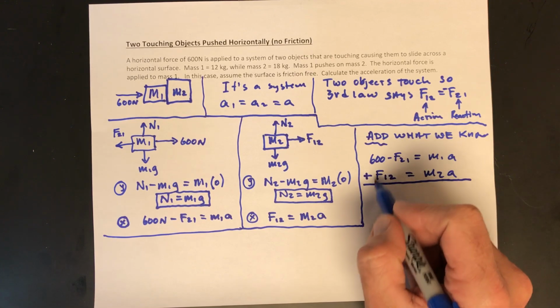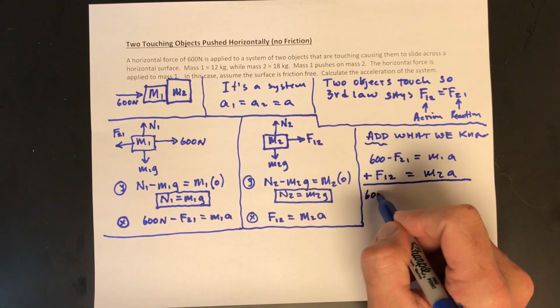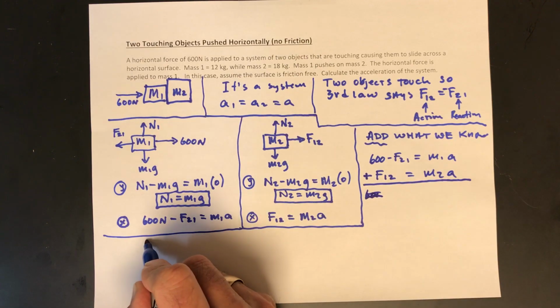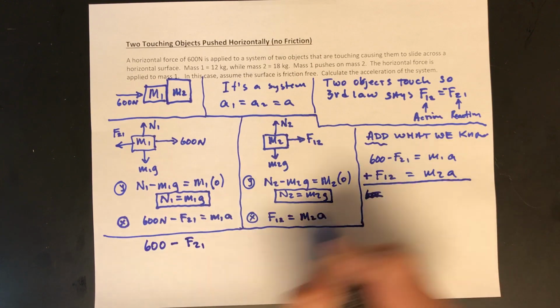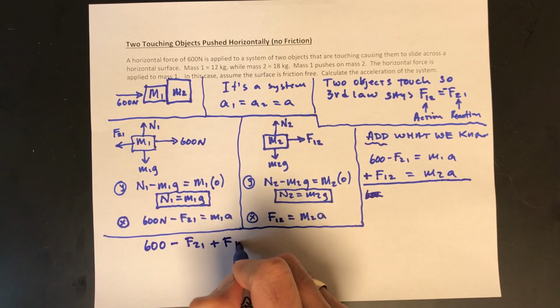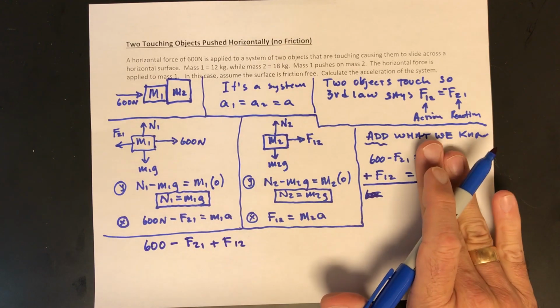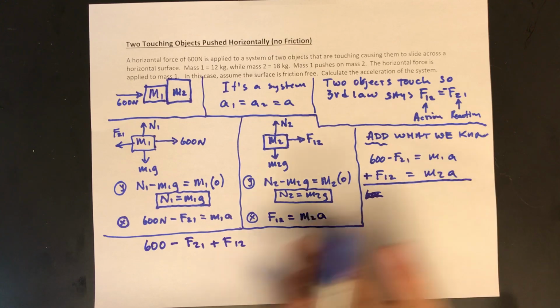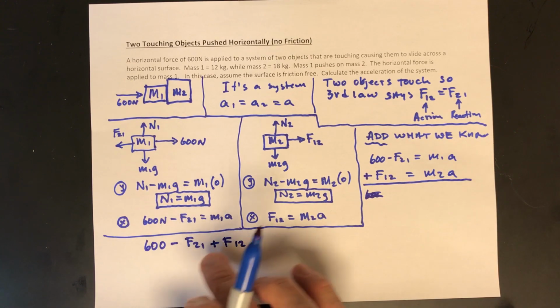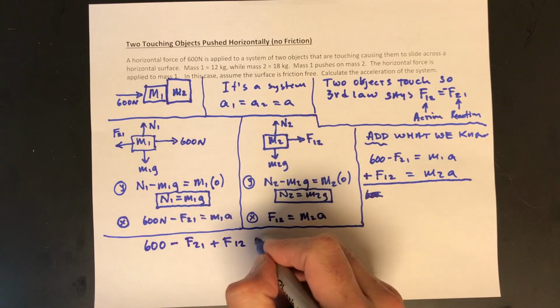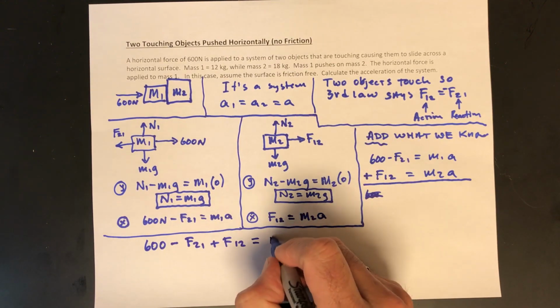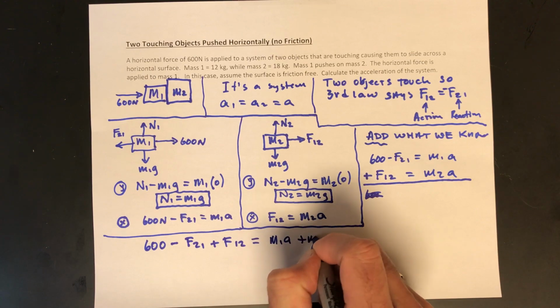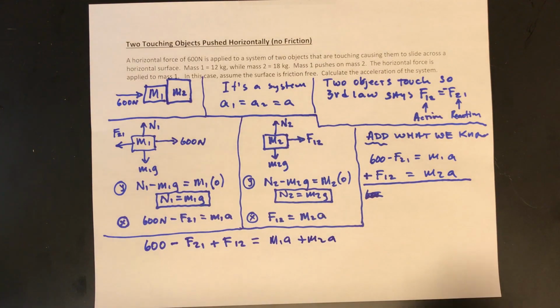So the left side of the equation is going to be 600 minus F21 plus F12. And that's equal to the right side of the equation, M1A plus M2A. Now, I'm going to make a point here.